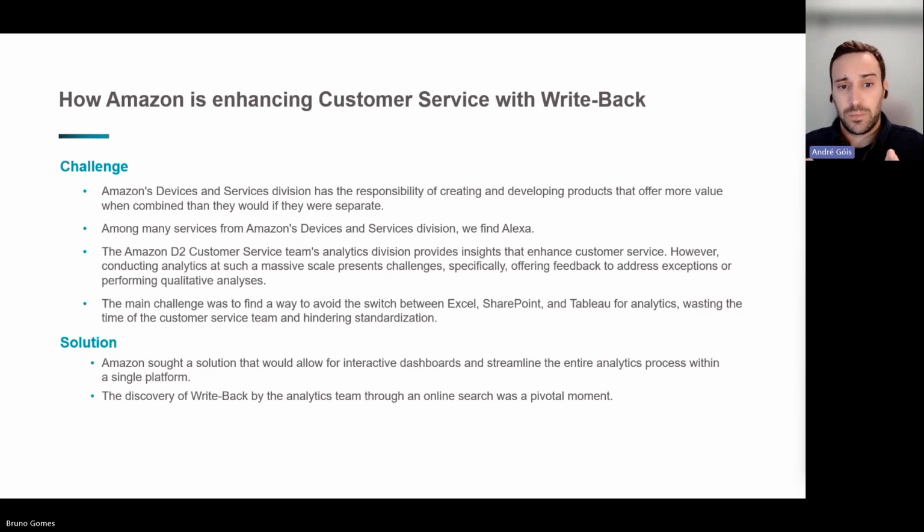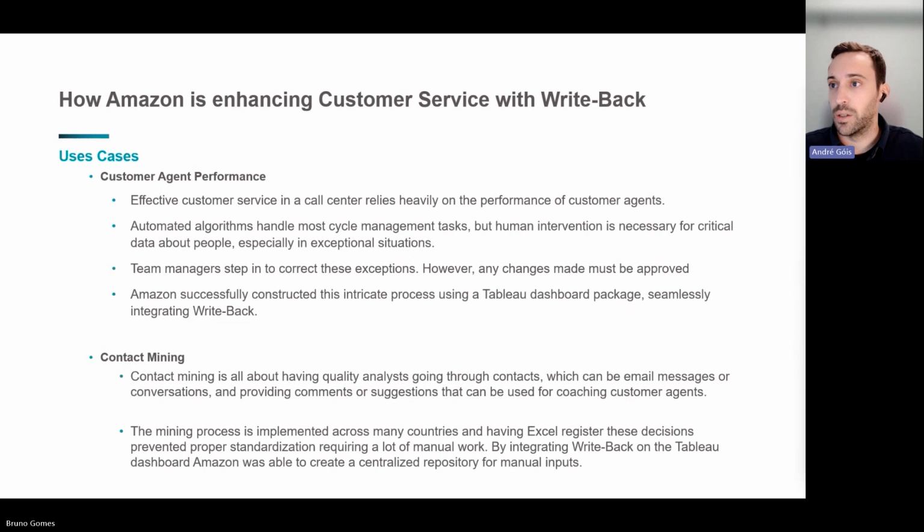The first use case they tackled within the broader challenge was customer agent performance. The main goal here was to handle the exceptions that occurred during the daily work of the customer agents, the people that work on that unit.